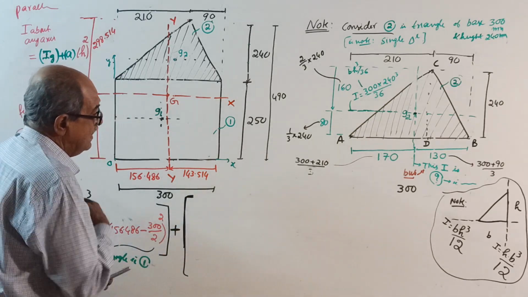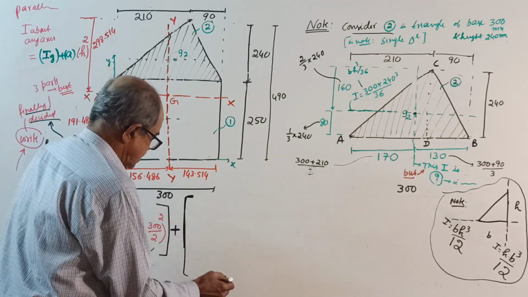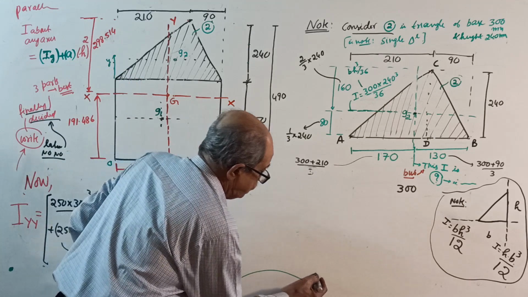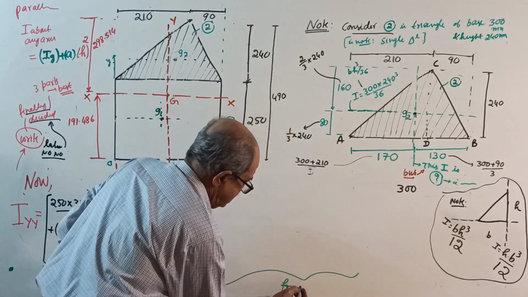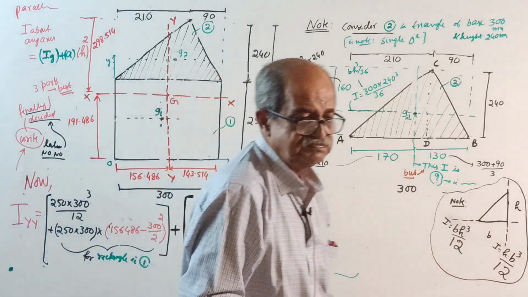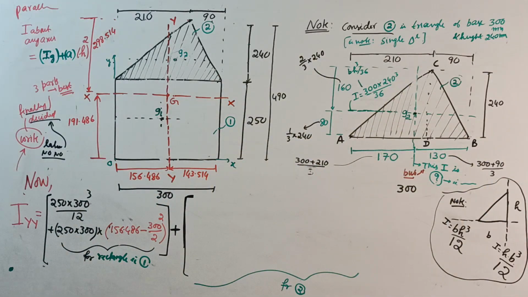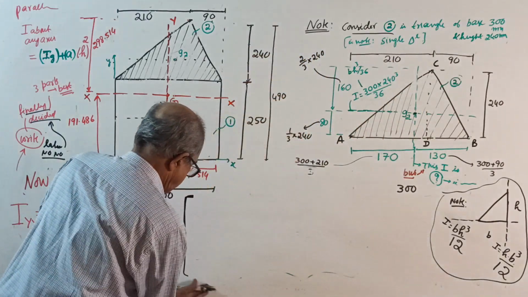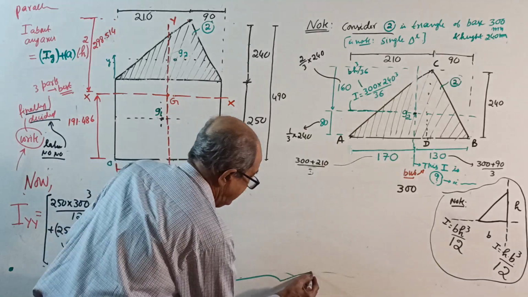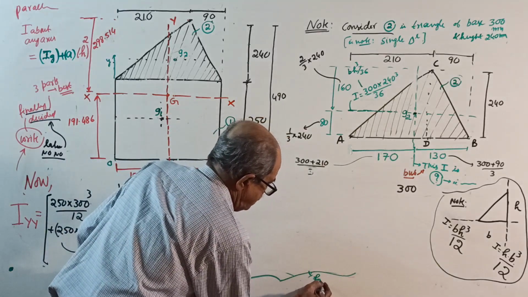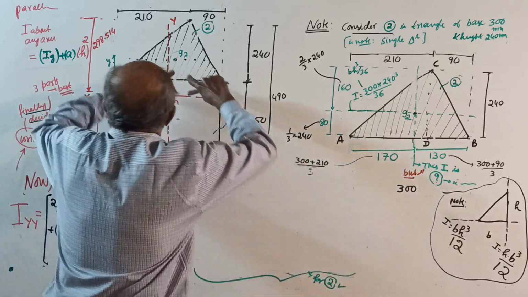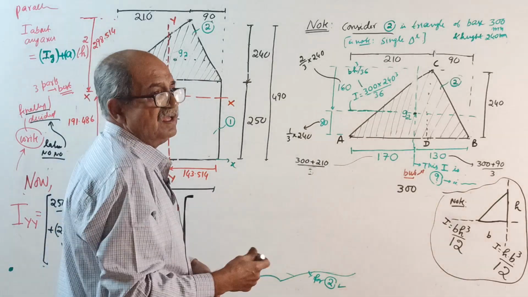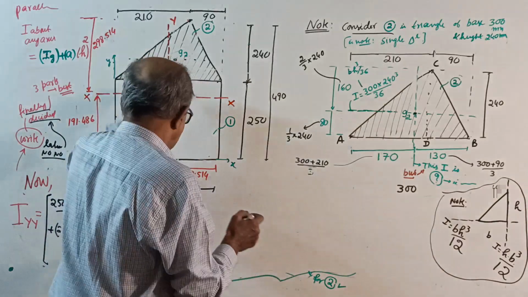Now for the triangle. See, now we are writing for 2. What I am writing here is for 2, that is the full triangle. What all I dictate, you write. What is the formula?